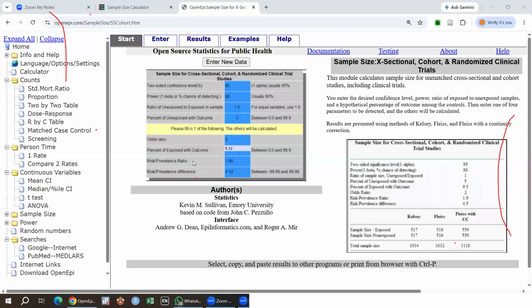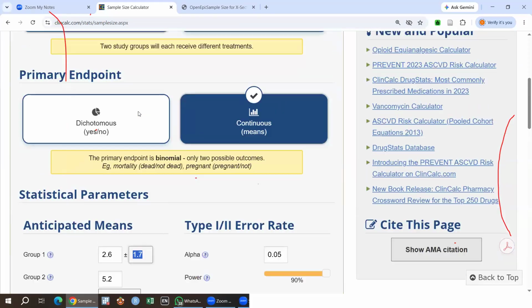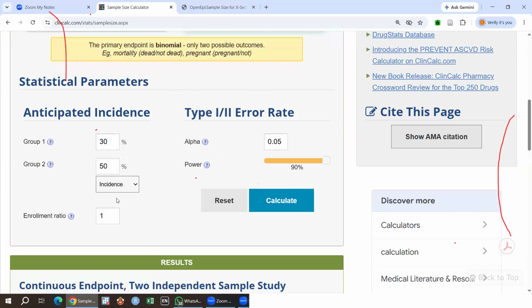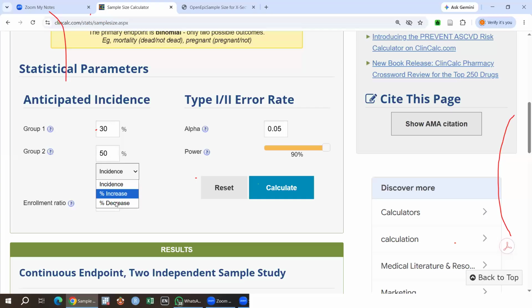So we have to click decrease and mention 20%. Go to clinical, dichotomous. Here it is incidence. So here it is a decrease. We have to write group 1 50% and decrease in group 2 by 20%. Then we calculate the sample size.